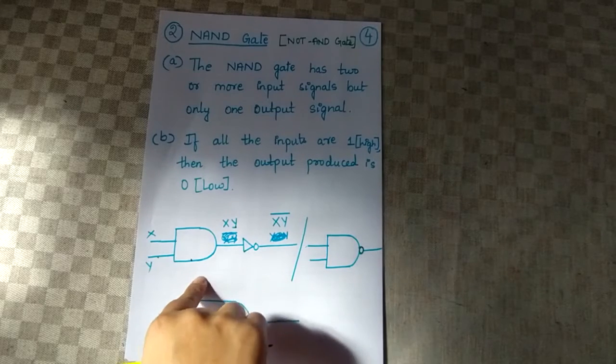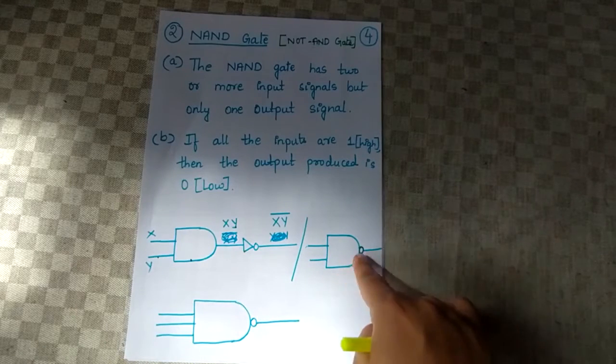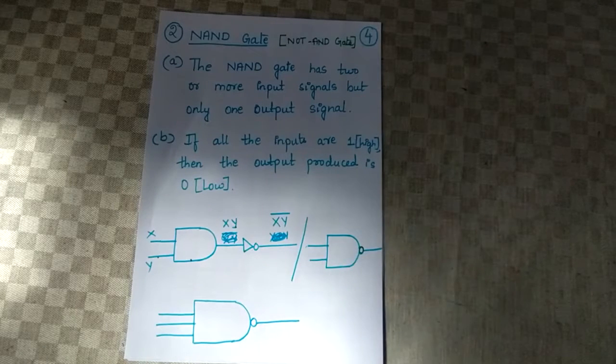Either the first one where the AND and NOT combination is used, or the second one, where AND and bubble, that is inverter, is considered. Now this particular NAND gate can also be drawn for 3 inputs. So here you draw the AND gate, provide the bubble, take 3 inputs, and it produces a single output. Okay, so this is the working of NAND gate.